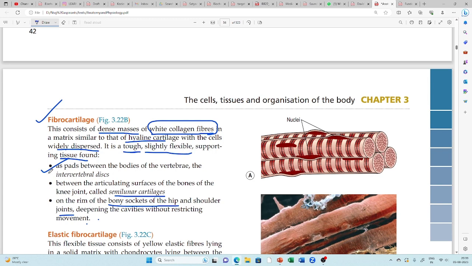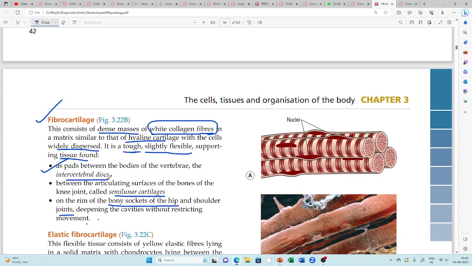Here we can see examples of where fibrocartilage is found, that is, in between the intervertebral discs. The intervertebral disc is in our backbone, that is, the vertebra. When we study the skeletal system, you will study in detail how many vertebrae there are, their location, and the parts of the vertebra.